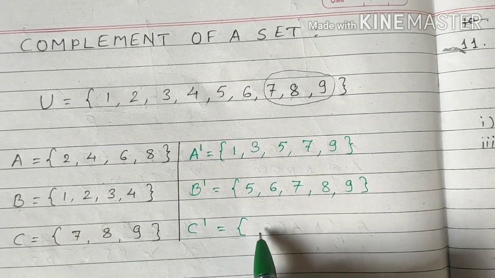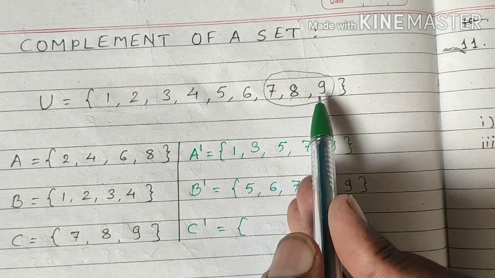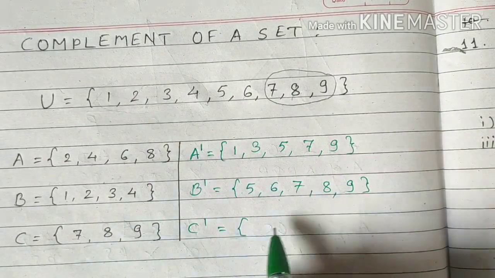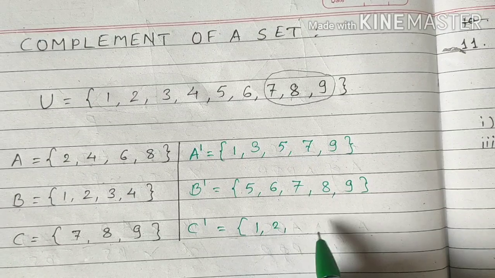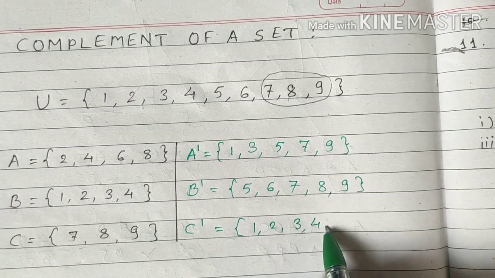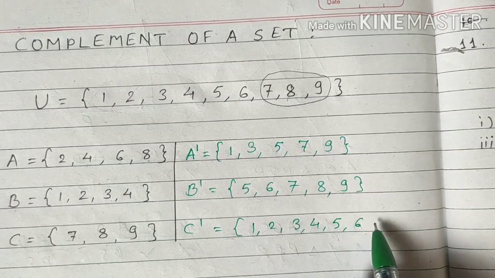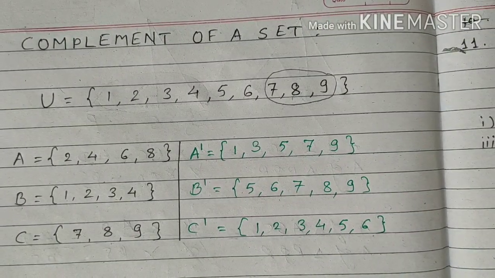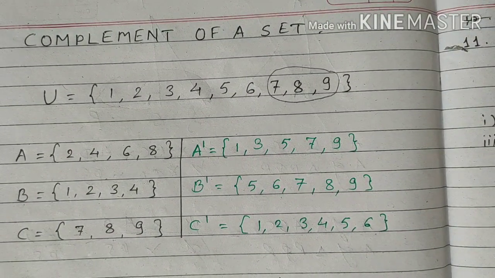So for writing the C complement, remove the elements of the C set and write the other elements, that is 1, 2, 3, 4, 5 and 6. Understood everyone? This is the C complement set.